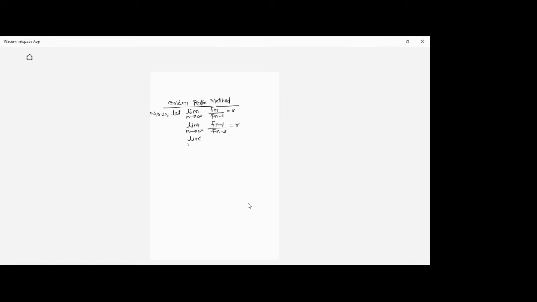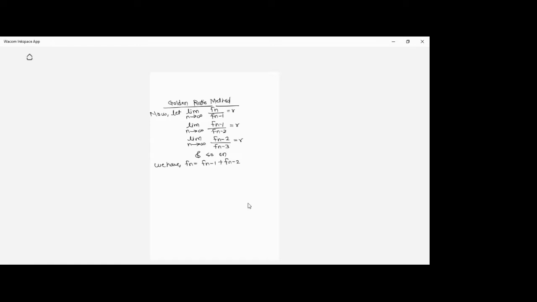Limit of n tends to infinity Fn minus 2 upon Fn minus 3, we are going to say as r, and so on. According to our Fibonacci method, we also have a formula: Fn is equal to Fn minus 1 plus Fn minus 2.